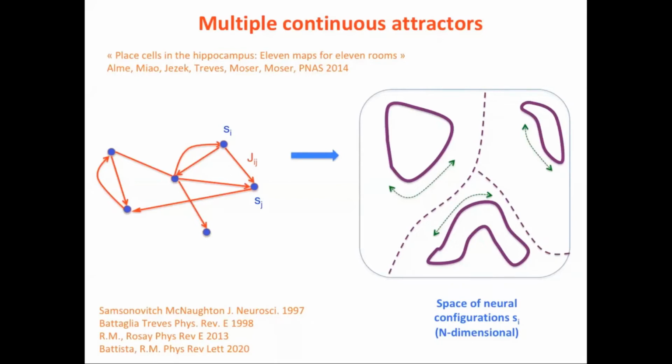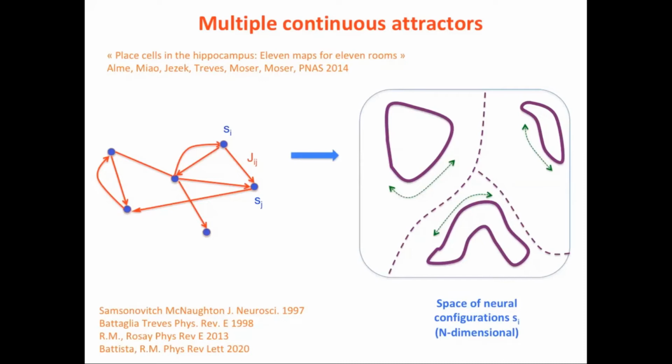In fact, beautiful experiments have shown that the hippocampus of a rat can memorize many different environments. It is obvious, since the animal in its life has to know many environments and be able to navigate in them. But this was shown in an experiment, in particular the one done by Charlotte Alme and collaborators in 2014, where these people were able to record the activity of place cells in the hippocampus of the same rat in 11 different rooms, and see that the activity of these cells was specific to each room.